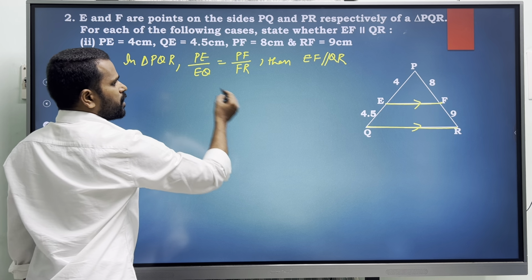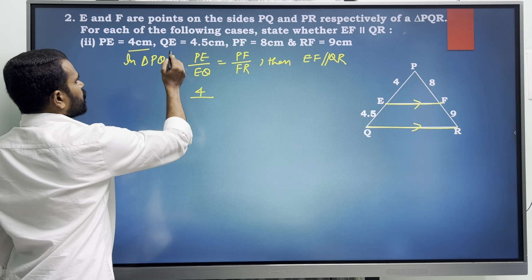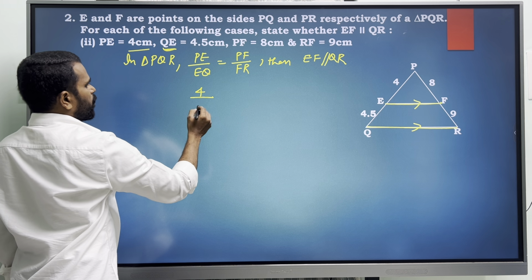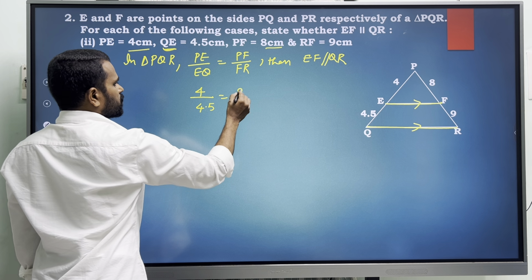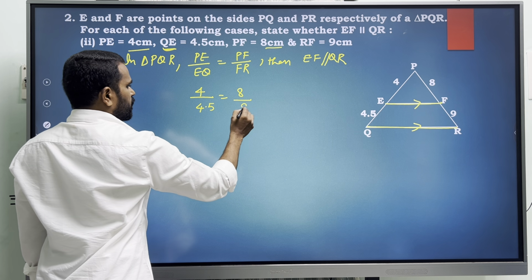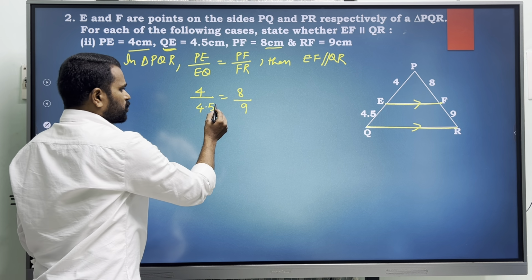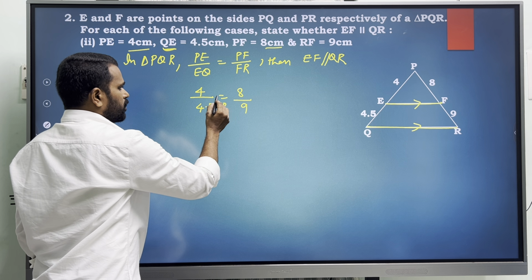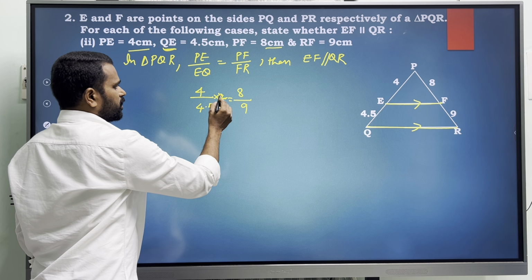So PE is 4, EQ is 4.5, PF 8, RF 9. There is a decimal point here, so multiply and divide with 10.